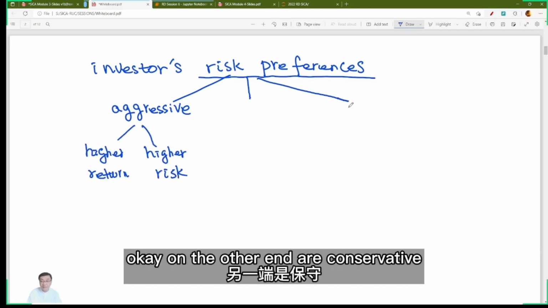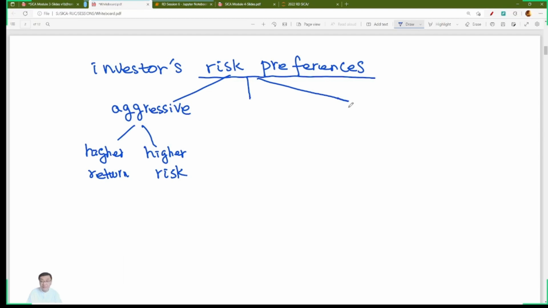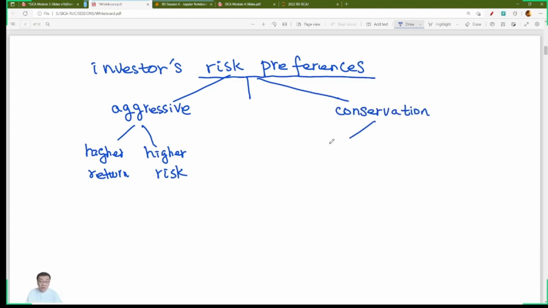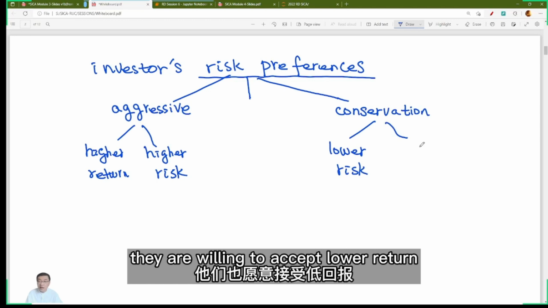On the other end, we call conservative. Conservative investors look for lower risk, and in the meantime, they are willing to accept lower return.